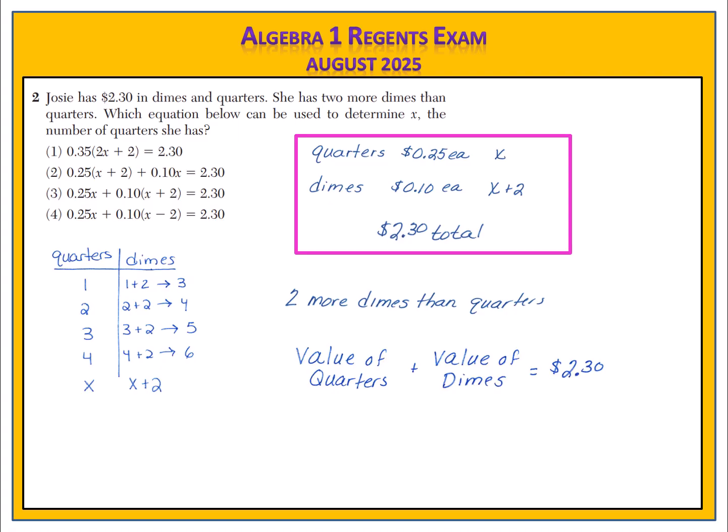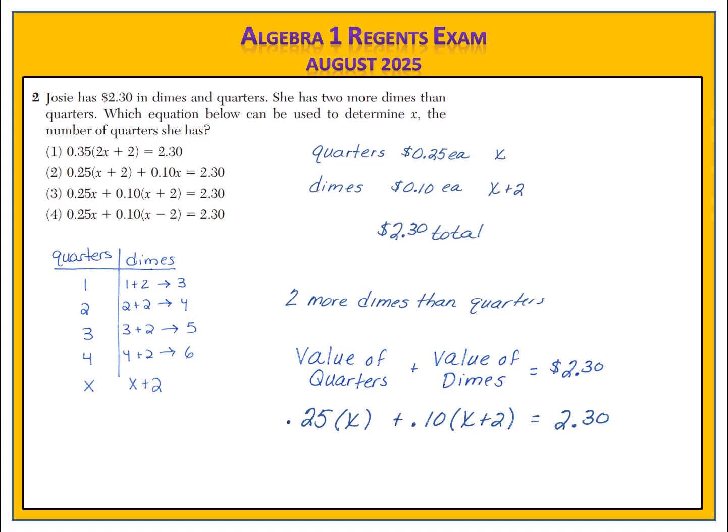Well, the quarters, 25 cents each, times however many we have, 0.25 times x, plus the value of the dimes. The value of the dimes are 10 cents each, times however many we have, so 10 cents times x plus 2. That equals $2.30. We now have our equation.